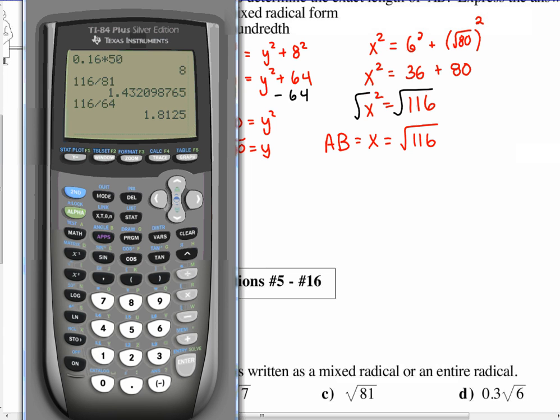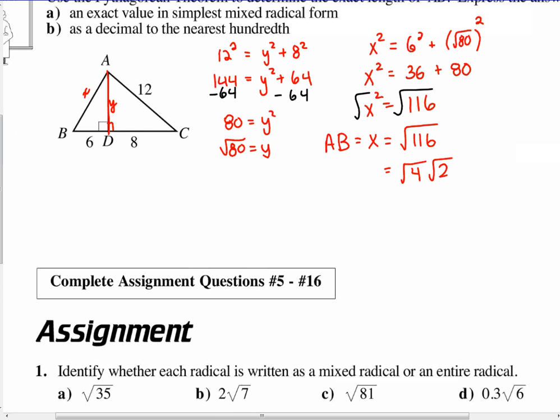Try 64. 36. 25 won't. 16. Anything go in? Oh, that's it. 4 times 29. 29's prime, so we know that's as low as it goes. So root 4 times root 29, or square root of 4 is 2.